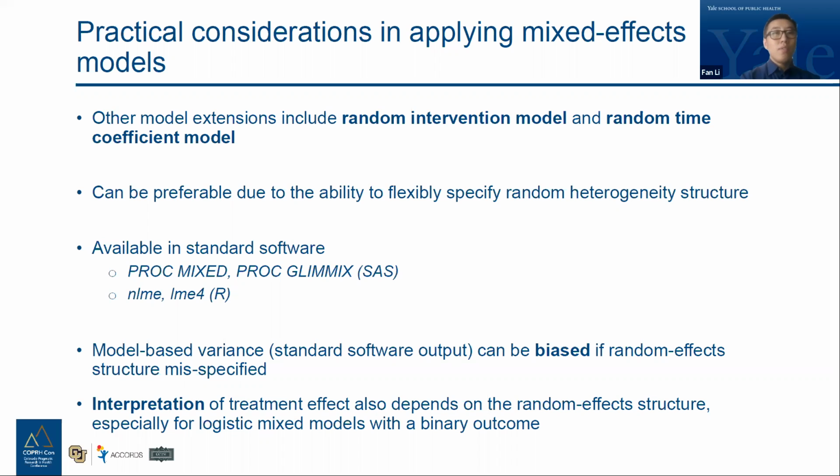Furthermore, the interpretation of the treatment effect parameters may depend on the random effects structure in these types of models, especially for binary outcomes under a logistic link function, in which case the interpretation of the log odds ratio parameter for treatment comparison may depend on the specification of the random effects structure.